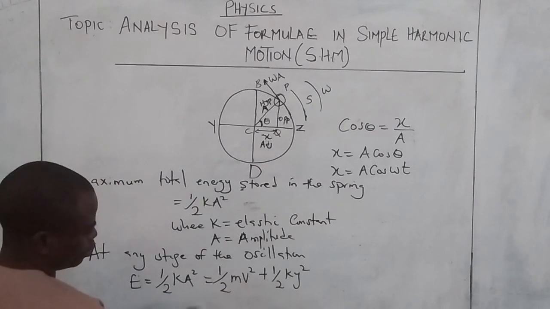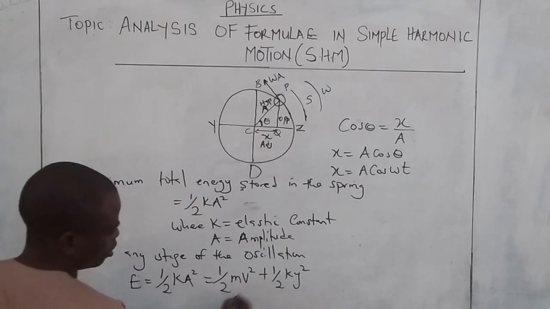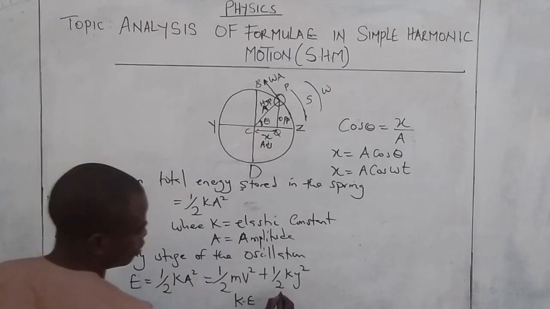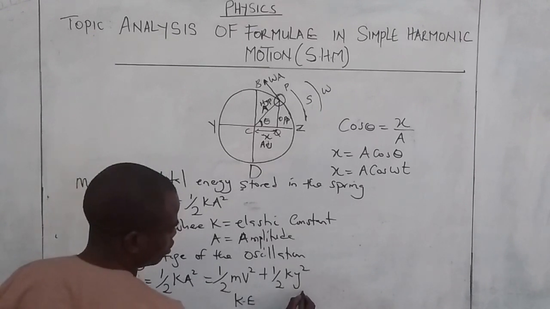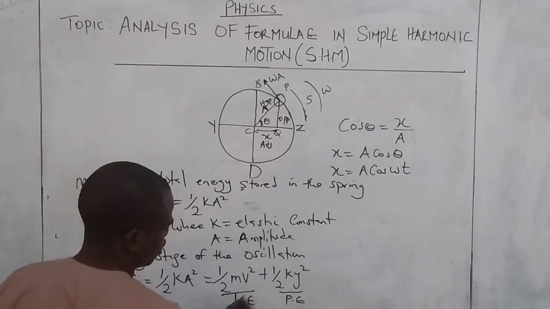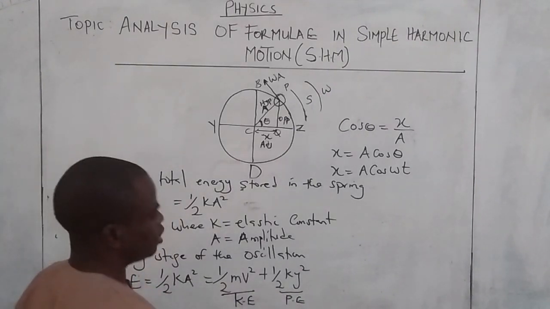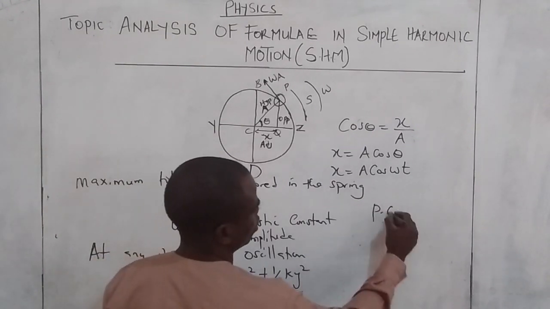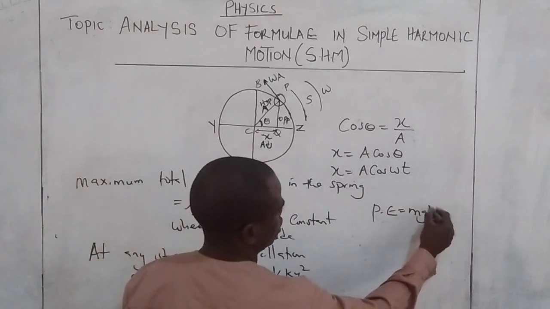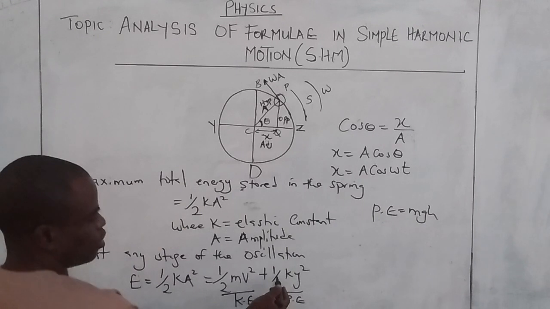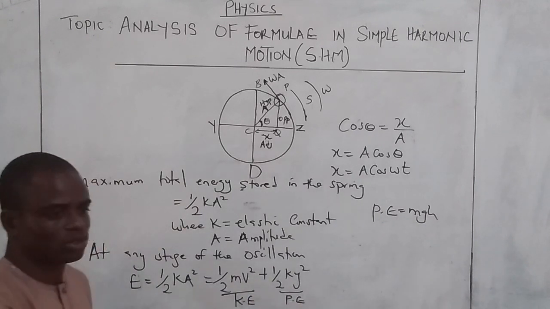This is the energy stored in the spring. What is kinetic energy? And this one is potential energy. We are familiar with potential energy to be mgh. Also, potential energy is half ky squared.